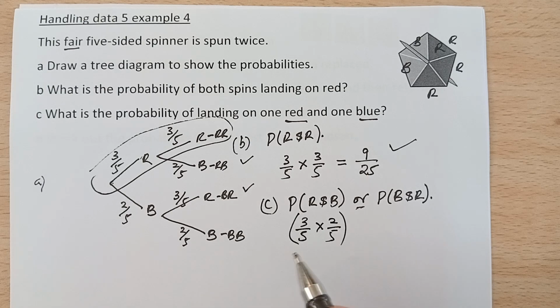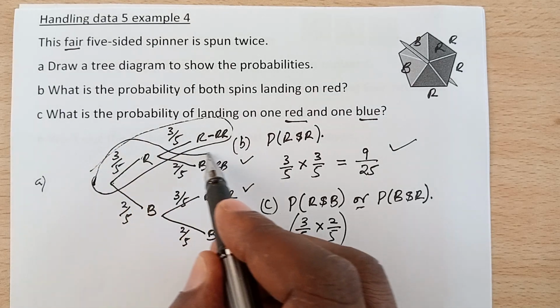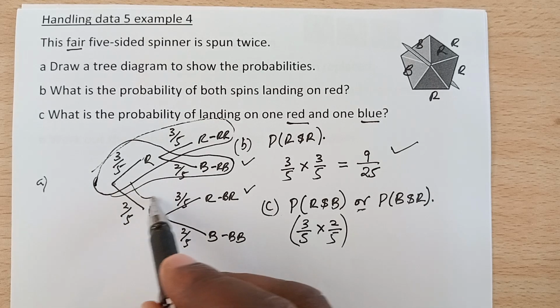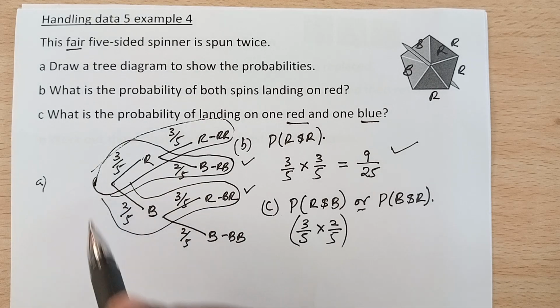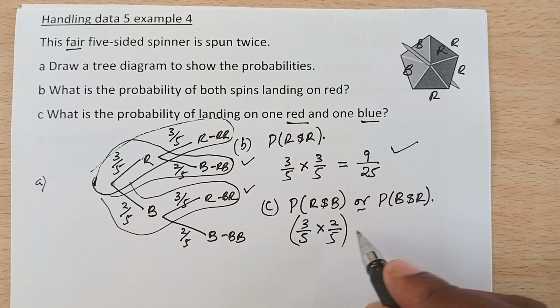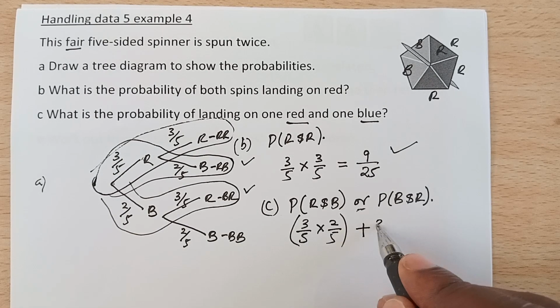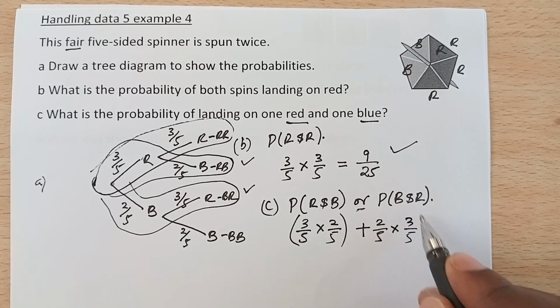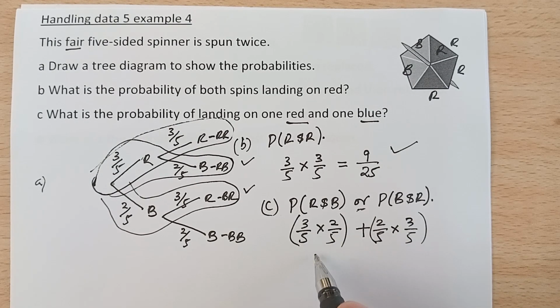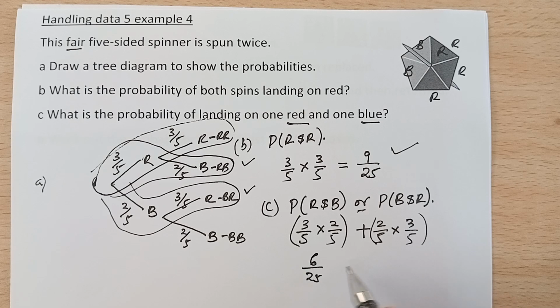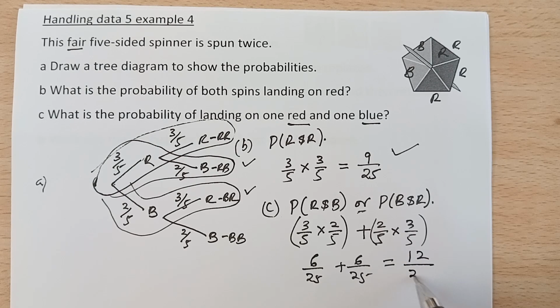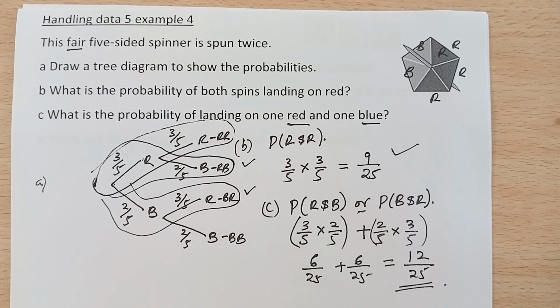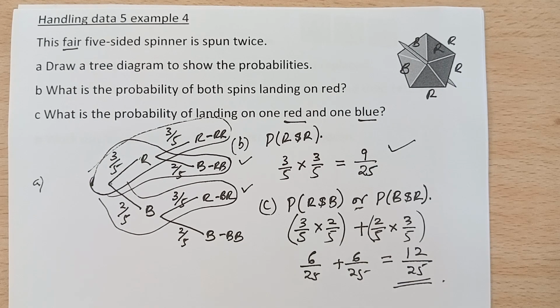An alternative root is blue, red, which means another root, or 2 out of 5 times 3 out of 5. This is 6 out of 25 plus another 6 out of 25, and we get 12 out of 25 as the probability of getting one red and one blue. Thank you, and let us meet in the next video.